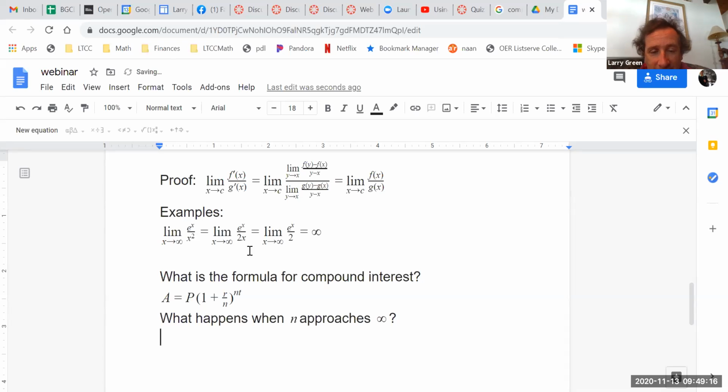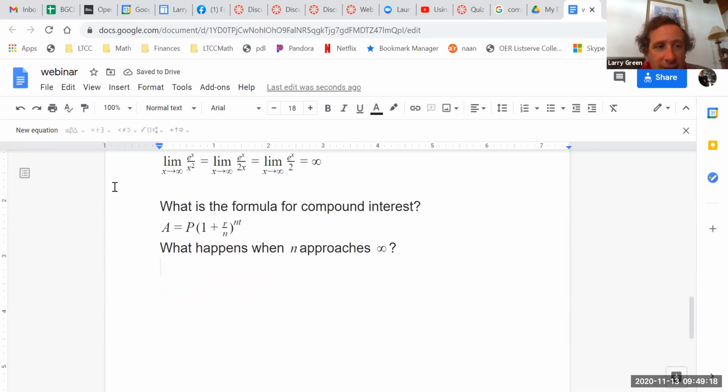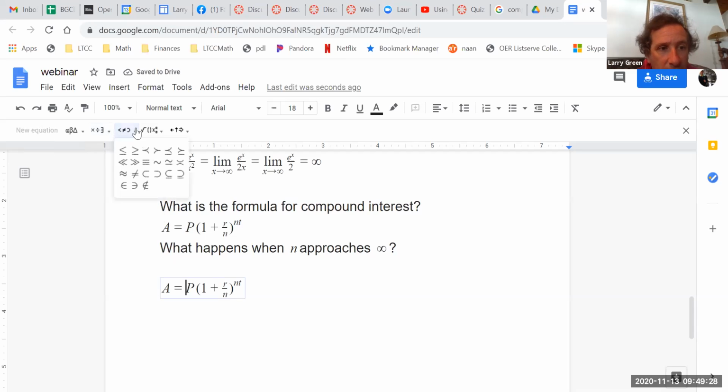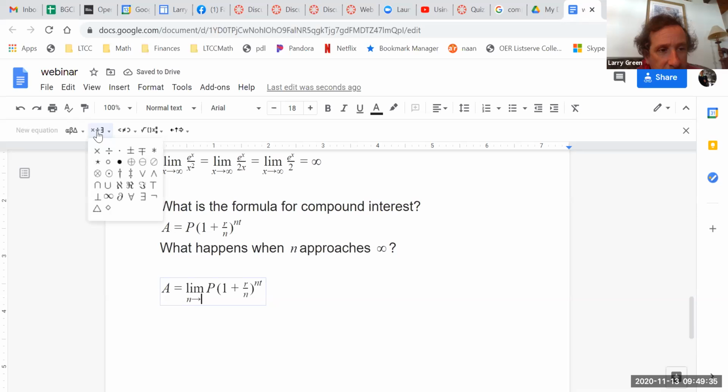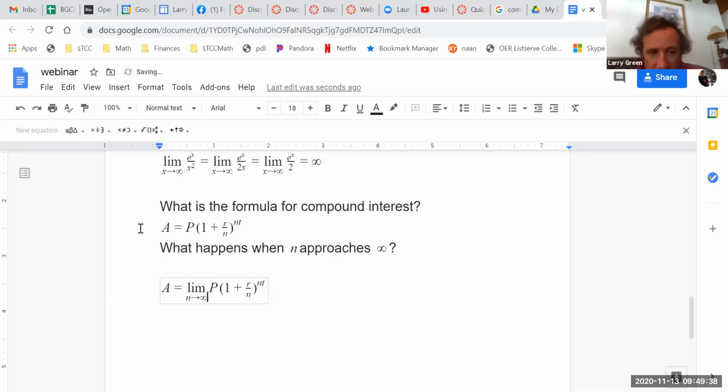So another way of saying that is, what is the limit as n approaches infinity of P times 1 plus r over n to the nt? Any questions on why this gives you continuous compound interest as a definition?